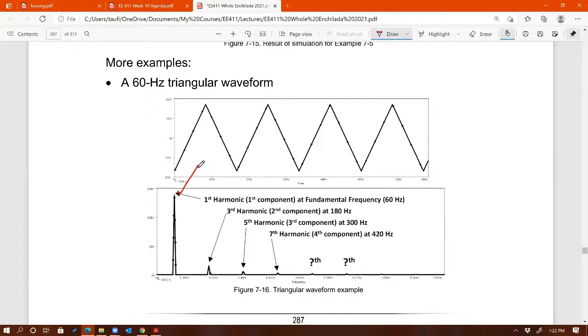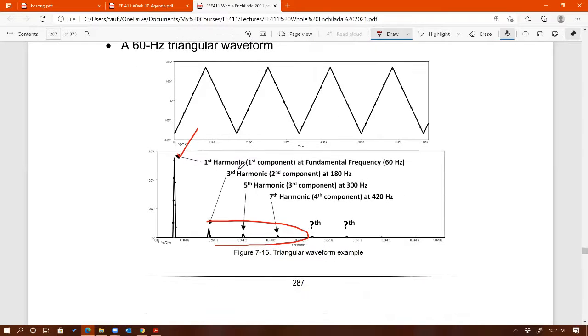So that's the first one, 60 hertz, and the fundamental component is right there. And if you are wondering why there are only odd numbers and no even numbers, that has to do with the symmetrical property of this waveform. This is called an odd symmetrical waveform, where the positive cycle is the same as the negative cycle.